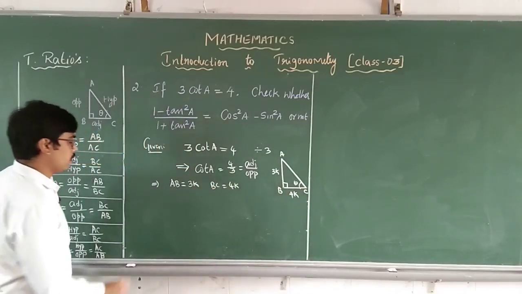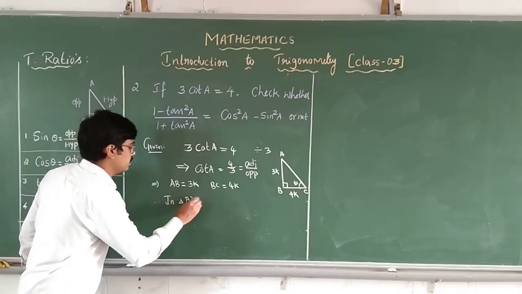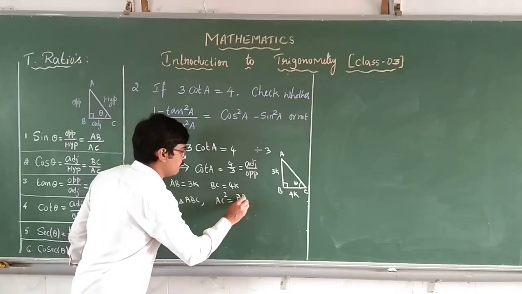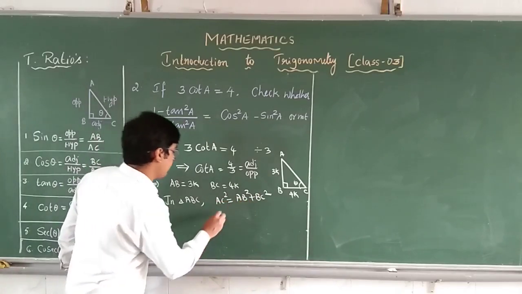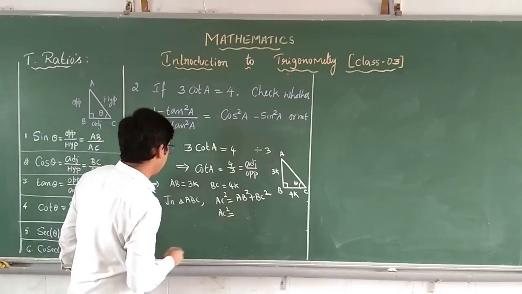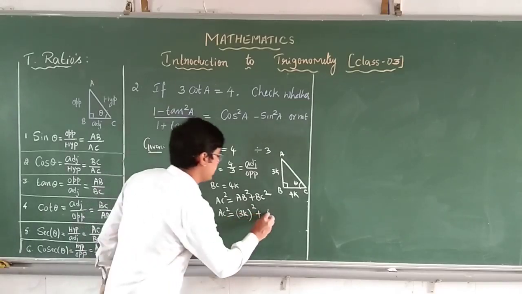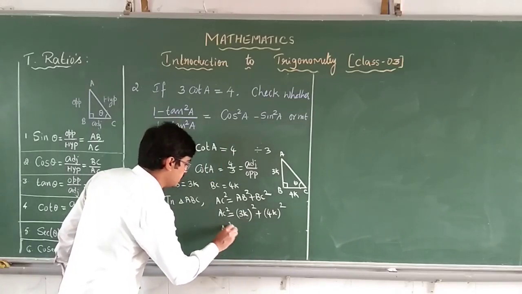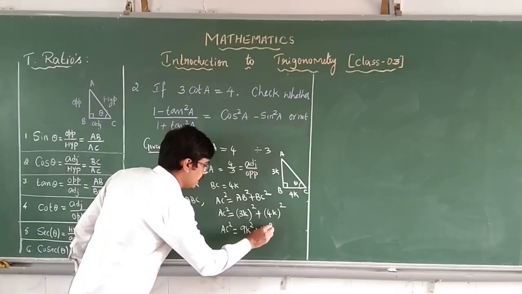Now by using the Pythagoras theorem we can write in triangle ABC, AC whole square is equal to AB square plus BC square. So AB square means 3k whole square plus BC square is 4k whole square. So AC square is equal to 9 times k square plus 16 times k square.